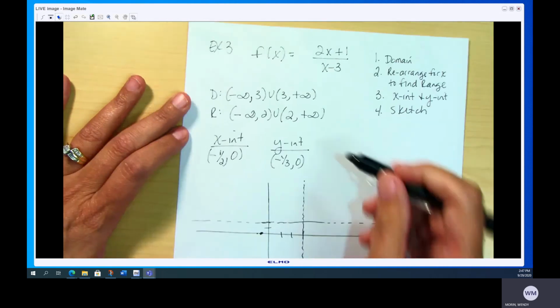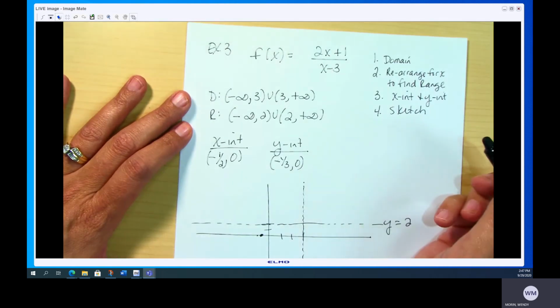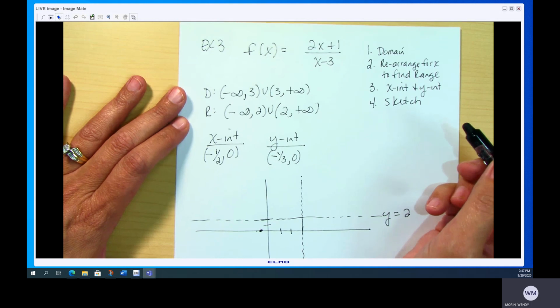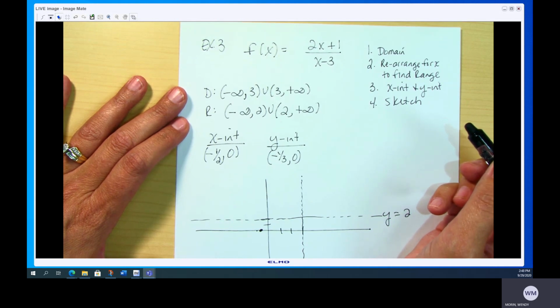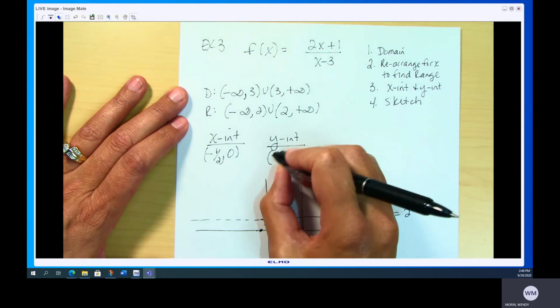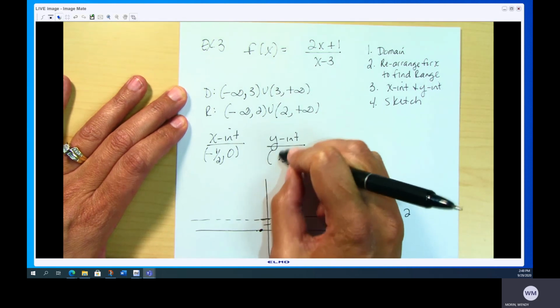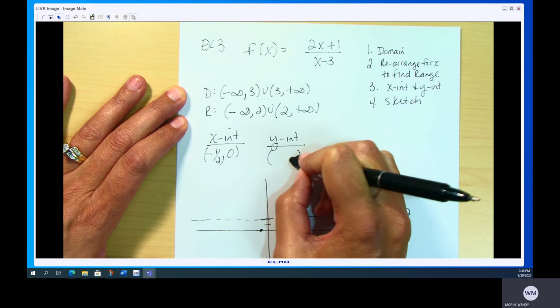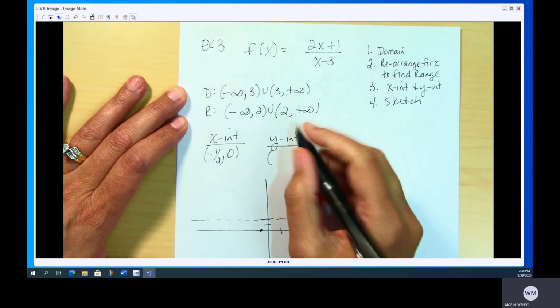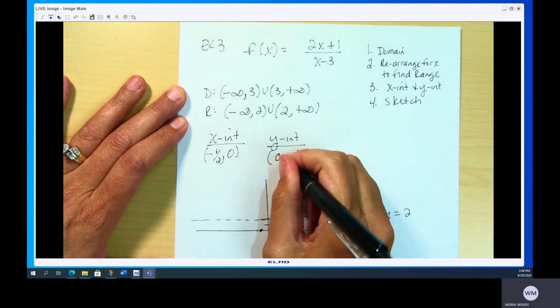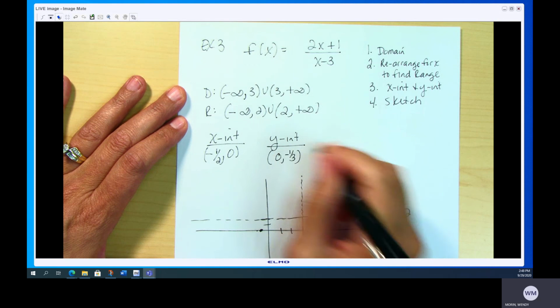Oops, let's go back up here. Which one did I write wrong? My y-intercept. The y-intercept is (0, -1/3).